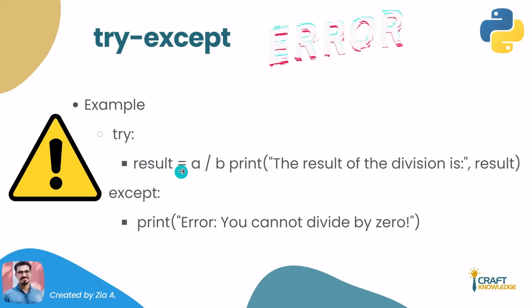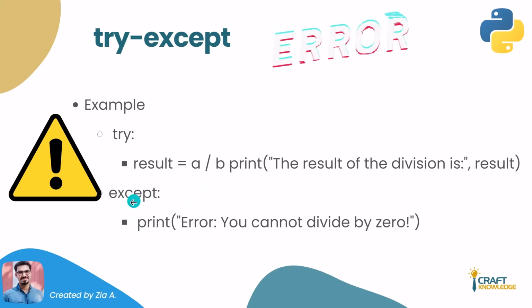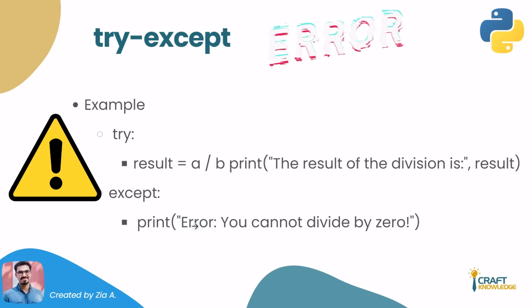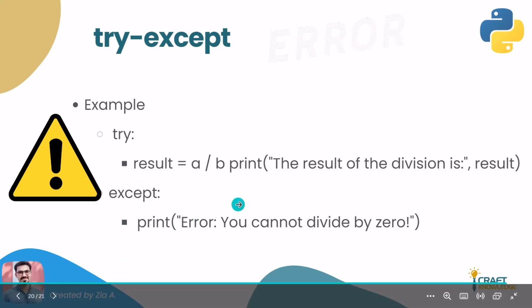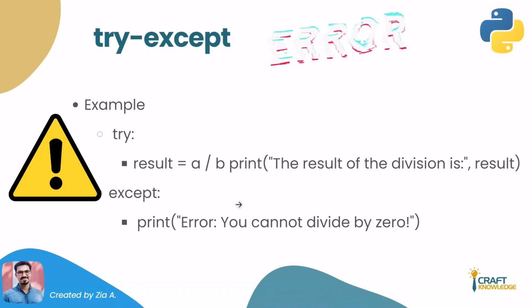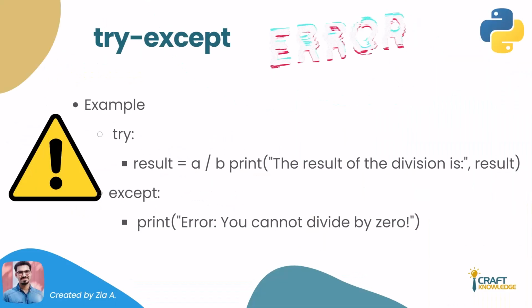It will simply shift the flow of your program from try to except. So if there is an error in the try block, it will execute the except block. Usually in the except block we mention something like, there is an error in your code, and then your code keeps running after these lines. It does not stop. So basically it prevents your code from stopping anywhere, right?